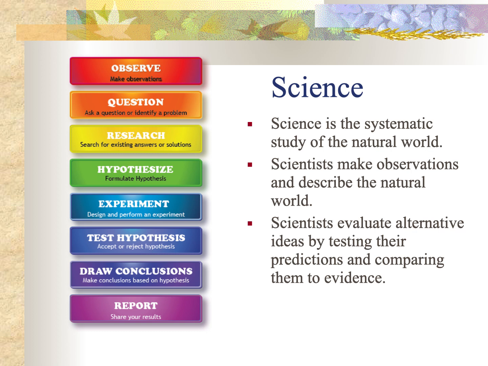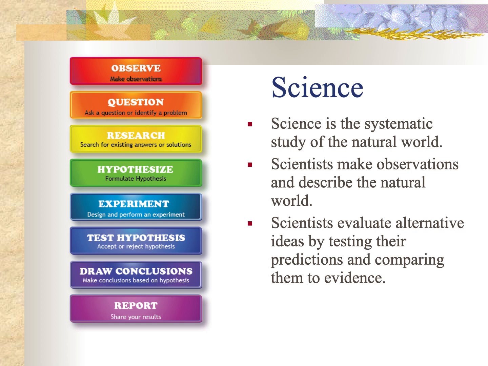We're going to talk about humans and these biological traits, but we're also going to talk about them in a scientific way. Science is a systematic way of studying the natural world. Scientists make observations that they can repeat. They describe those observations, they record them, and they use them to ask questions, to determine possible answers that they can test.